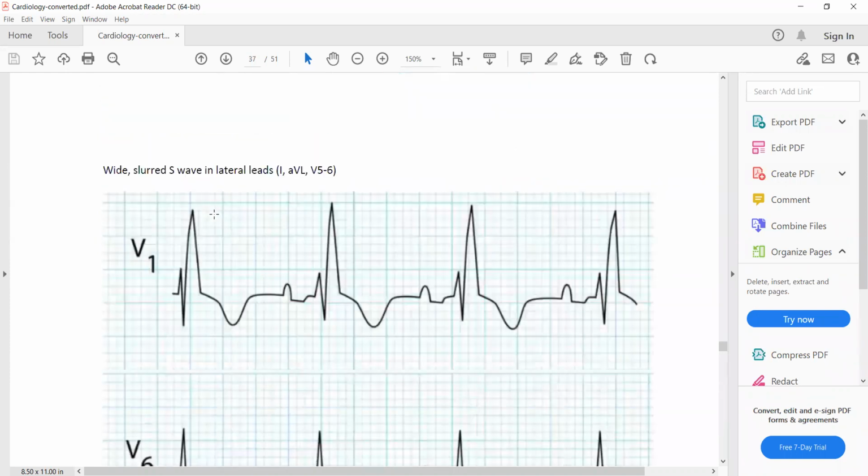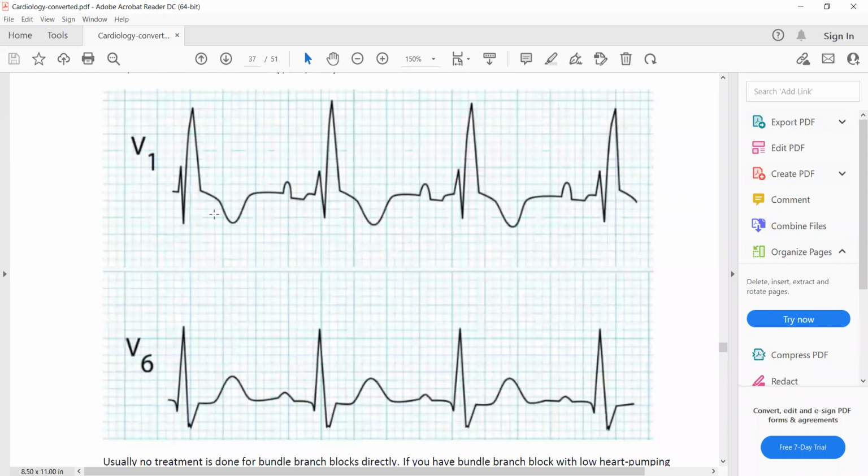While in right bundle branch block, you look at this wave. This is R wave and this is S wave. There is a wide and slurred S wave. You can see a notching in the S wave.